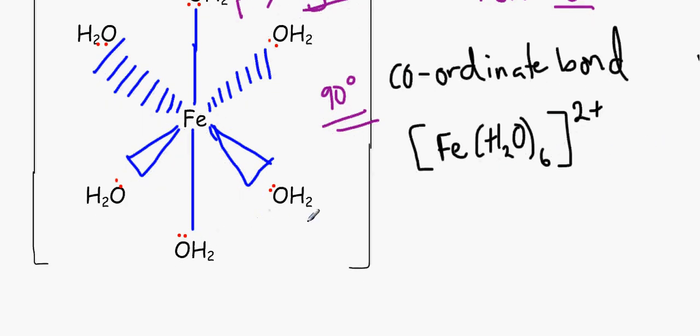Sometimes, some ligands can be ions. They can be Cl, and that means those ligands will have a charge as well. So let's say we've got FeCl4.